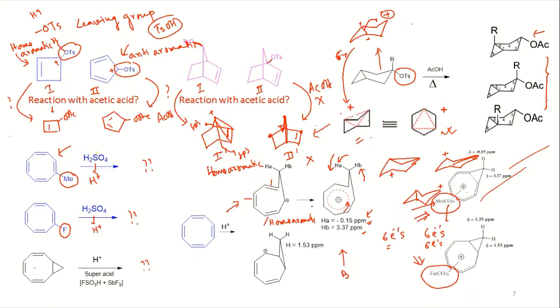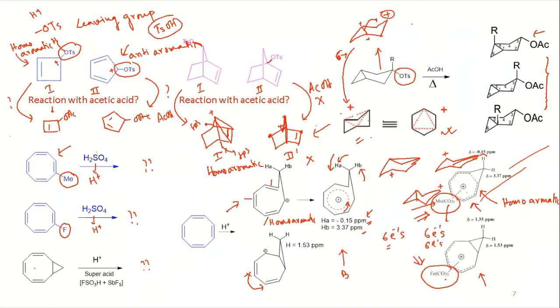That's why the whole 6 electrons will take part in this complex formation, and that's why this will behave as homoaromatic in the case of molybdenum's compound. But in the case of iron, it will not be like that. Iron will take 4 electrons, and this structure will be predominating.